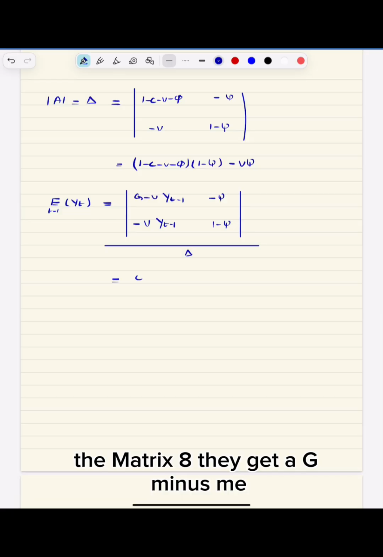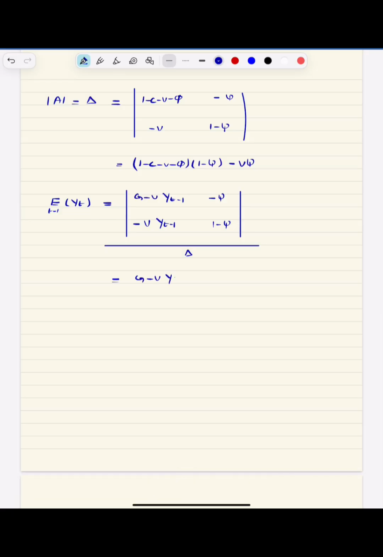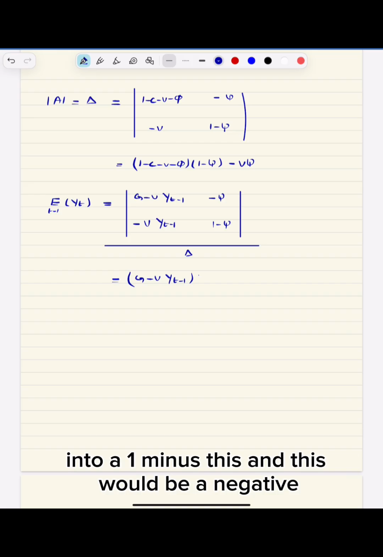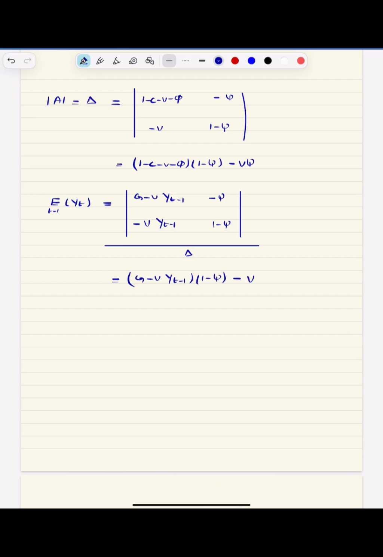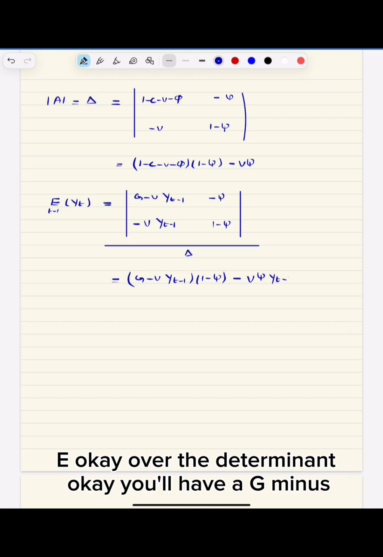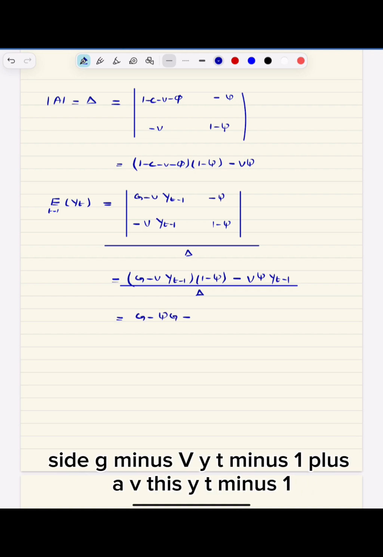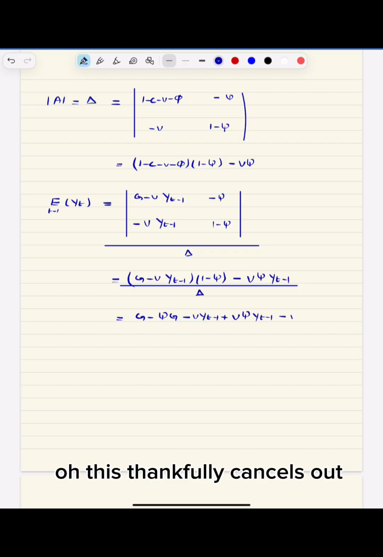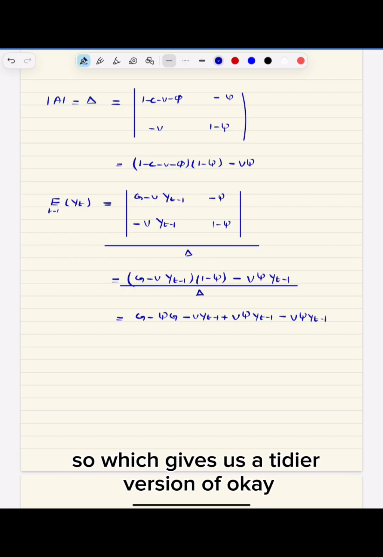We'll get g minus v into 1 minus this, and this is going to be a negative v, over the determinant. Okay, we'll have g minus v yt minus 1 plus v, this yt minus 1. Oh, this thankfully cancels out, which gives us a tidier version.